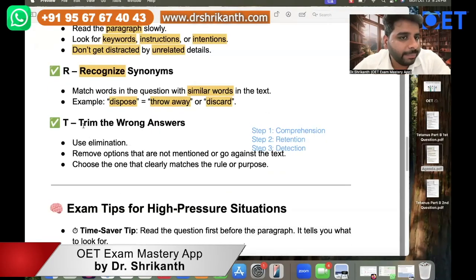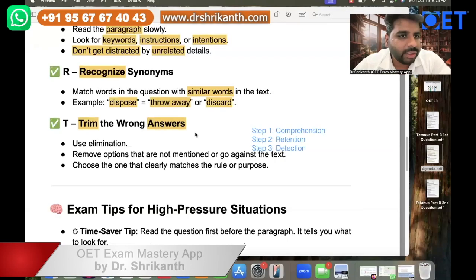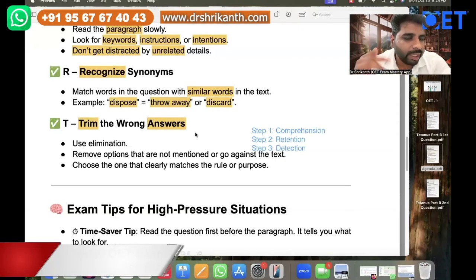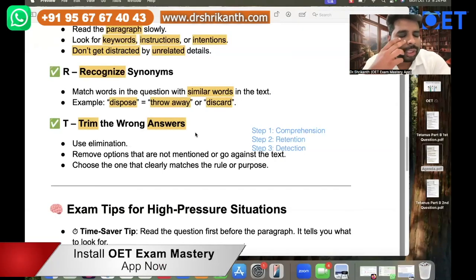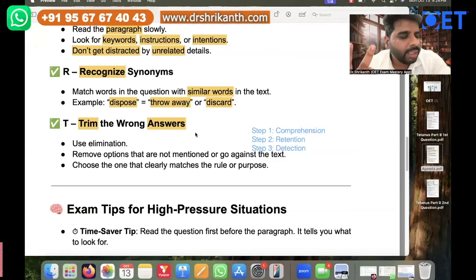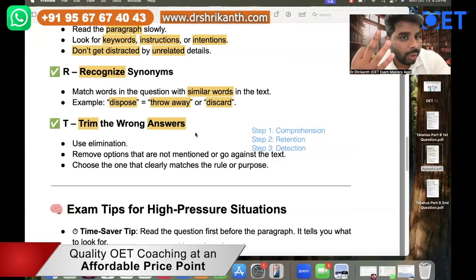And then comes T. That means trimming away the wrong answers, right? So trimming basically means what? Cutting away, right? So now what's your duty? You have to choose the correct answer option, right? So there is only one correct answer option, which means there are two wrong answers, right? In part B, and in part C, you have three wrong answers, only one correct answer. So what should you do?